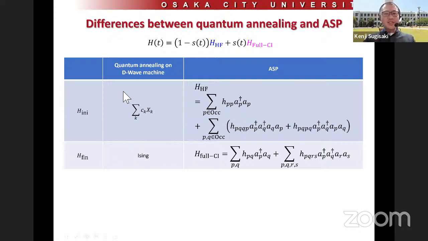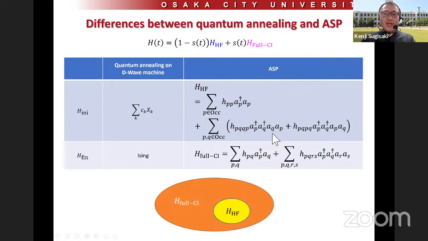So if we start from s(t) equal 0, we have the Pauli X operator. And by increasing the s(t) value from 0 to 1, the coefficient of the Pauli X operator decreases, and the coefficient for the Pauli Z operator increases. But in adiabatic state preparation, these Hamiltonian terms are also included in the full CI Hamiltonian.